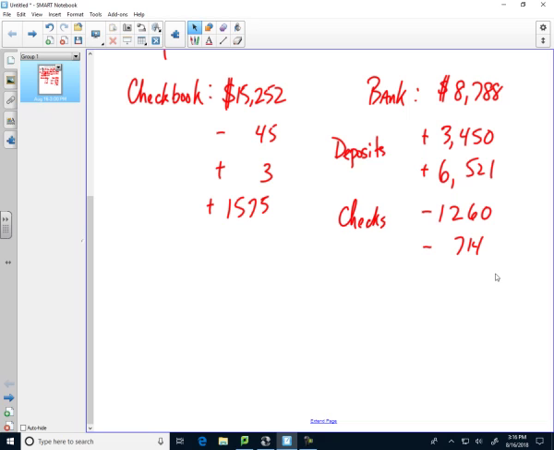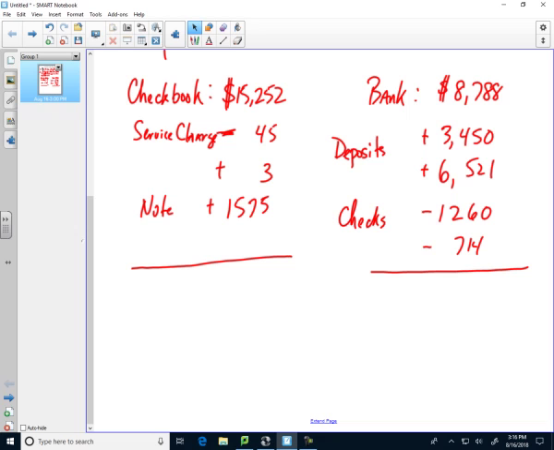And let's see. This was a note collected. So this is service charge. Almost got in the way of my minus sign there. All right. All numbers are U.S. Have we accounted for all the figures? All the amounts? I think we have, haven't we?